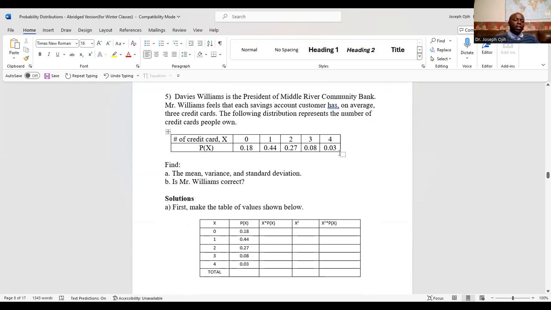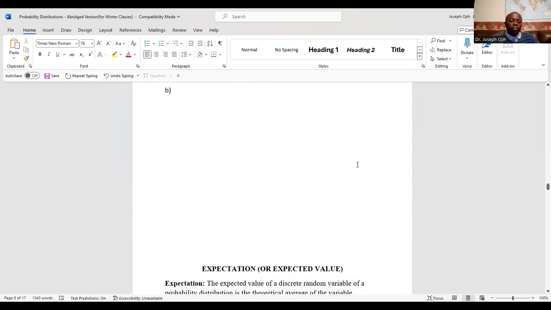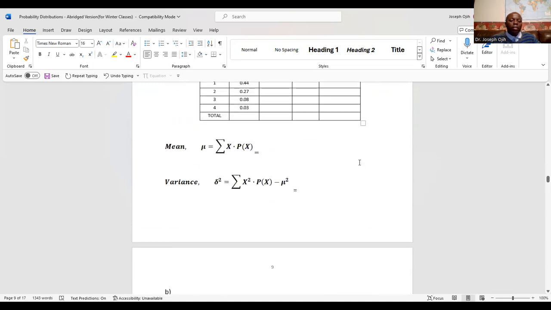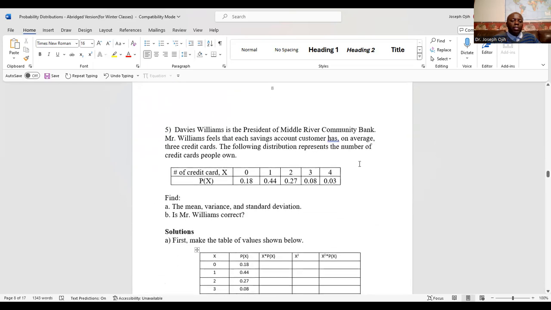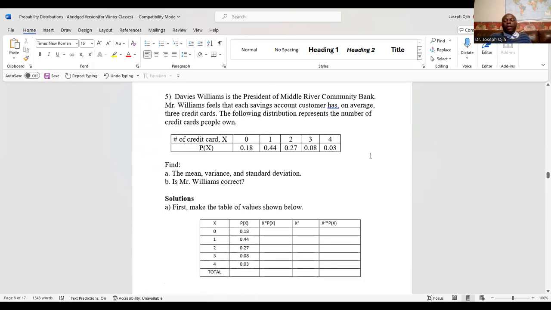It says, Davis Williams is the president of the Middle River Community Bank. Mr. Williams feels that each savings account customer has, on average, 3 credit cards.